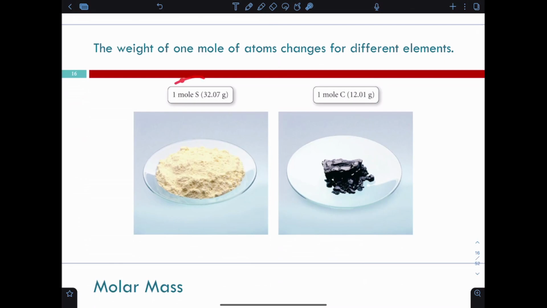And the same thing is true for atoms. So 1 mole of sulfur weighs 32.07 grams. 1 mole of carbon weighs 12.01 grams. So if you have 1 mole, or 6.022 times 10 to the 23 sulfur atoms, that's going to weigh 32.07 grams.